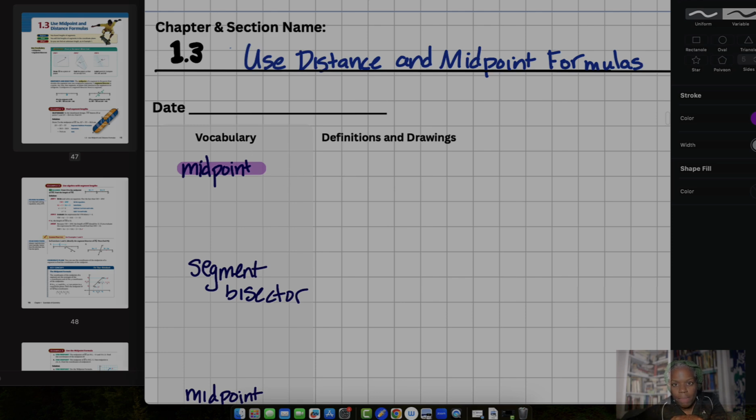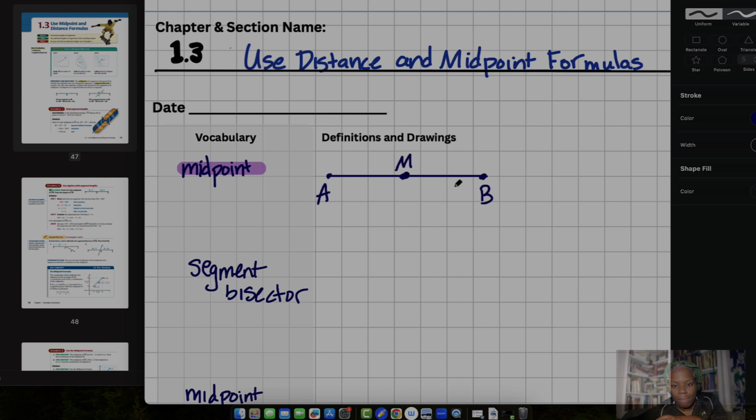And so what a midpoint is, if you have a segment, let's say this is the segment I have, and I'm going to call this segment AB. So if I have segment AB and then I find a point directly in the center, in the middle, that's the midpoint.